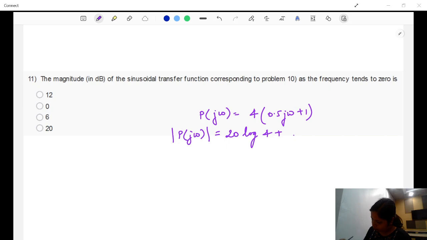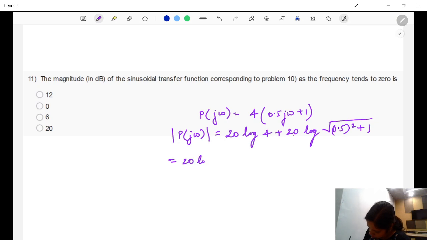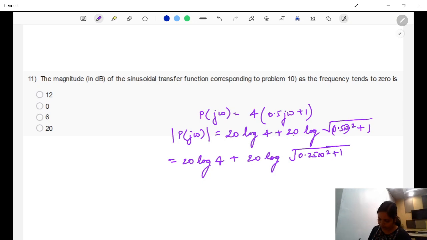So let's check what would be the magnitude. 20 log, when we take the magnitude, it would be 20 log 4 plus 20 log under root 0.25 omega square plus 1.